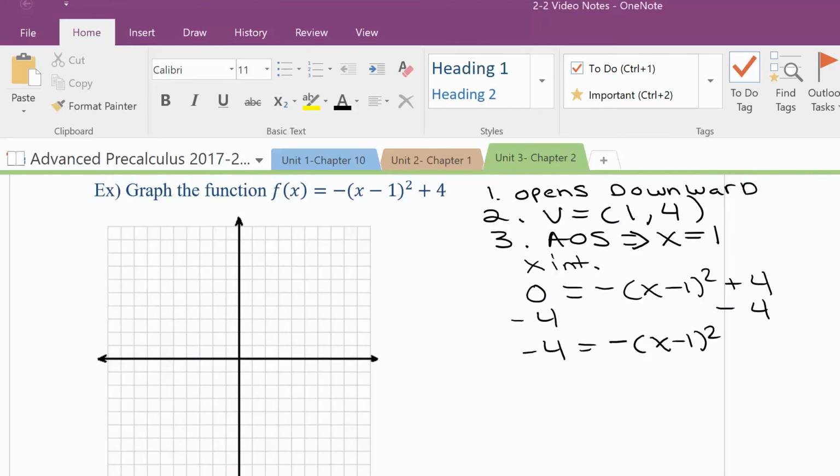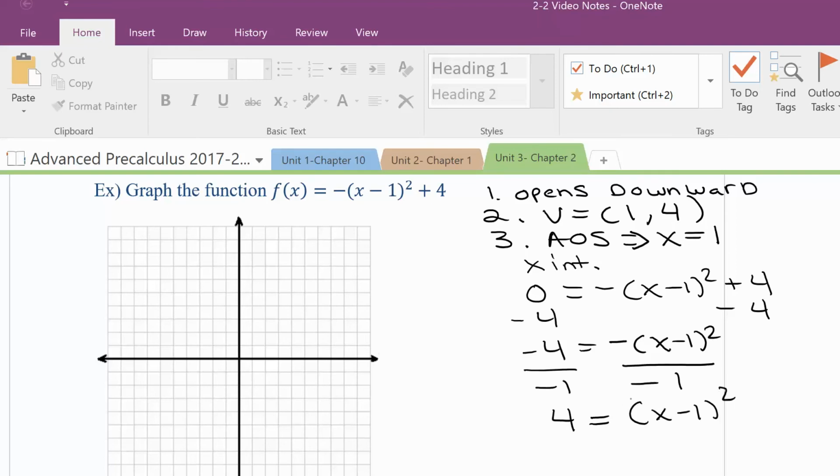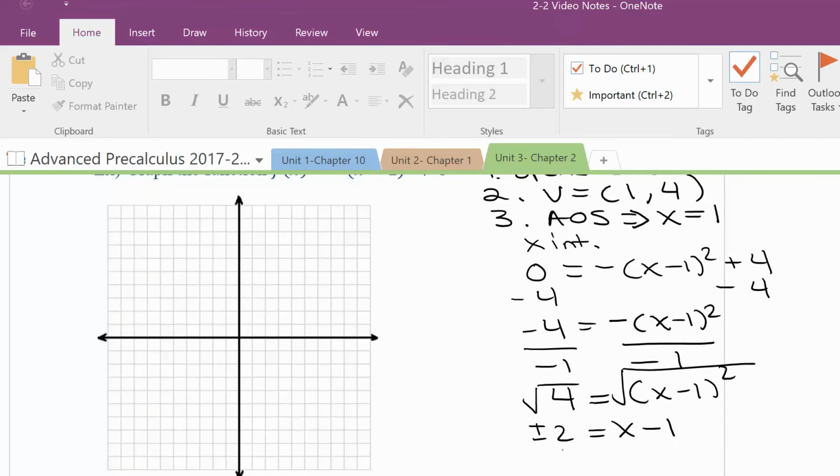I subtracted 4, so then I divide by the negative 1. So I get 4 equals x minus 1 squared. You square root it. Remember, that's going to be plus or minus. 2 is equal to x minus 1. So you have 1 plus or minus 2 equals x. So that means the x-intercepts are 3, 0, and negative 1, 0. Those are my x-intercepts.